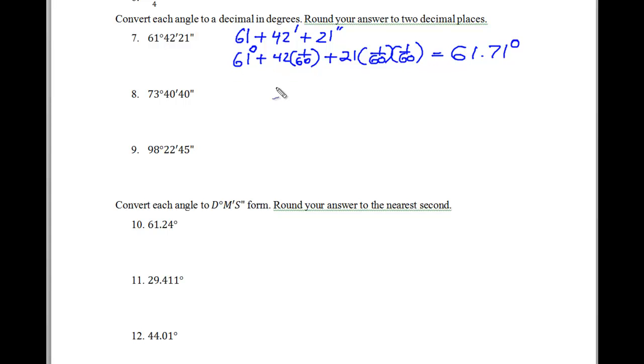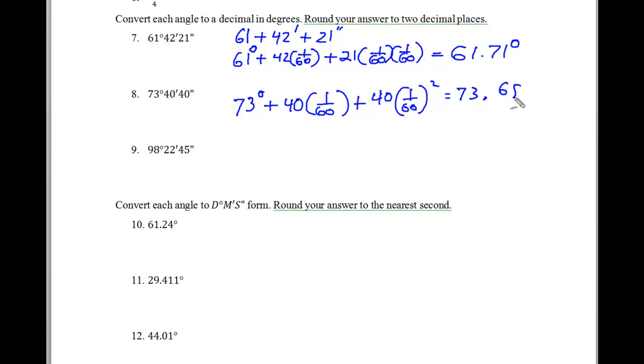Now again, you'd have to type this in, but what you could do is type this in and then store this in your calculator, and by hitting second enter, this would pop up again, so you'd be able to complete this a little faster with 73 degrees, 40 minutes multiplied by 1 over 60, plus 40 seconds multiplied by 1 over 60 quantity squared. And then this would give us the answer of 73.68 degrees.